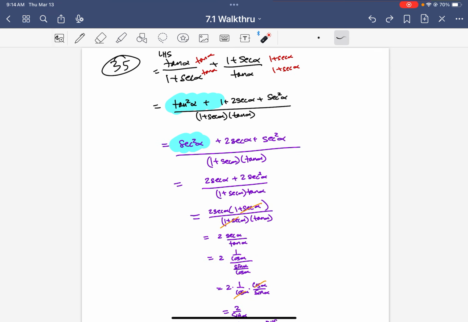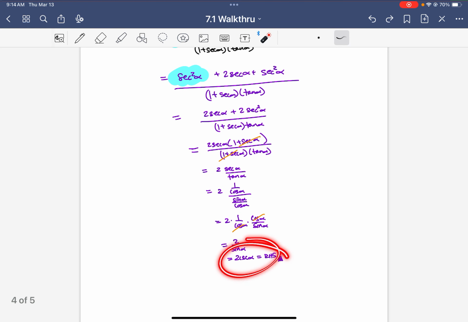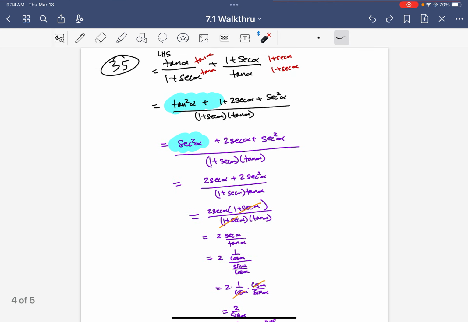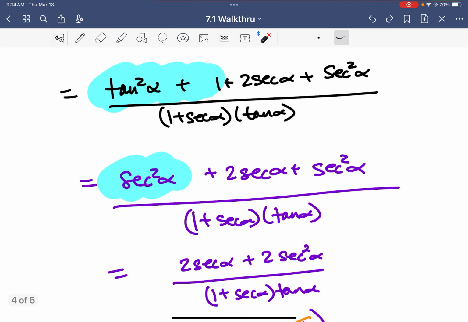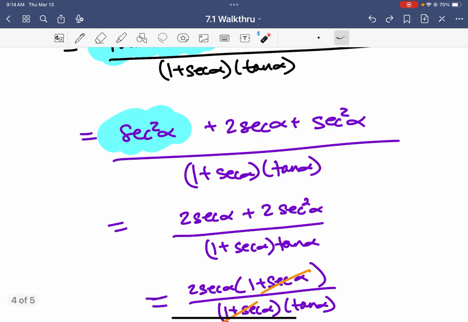So now that's my fraction, and I'm trying to get all the way down here to cosecant. So I just start changing things and see what helps. Well, I wish this was all one function. Well, this 1 plus tan squared I have memorized as secant squared. But then a secant squared plus a secant squared is 2 secant squareds.